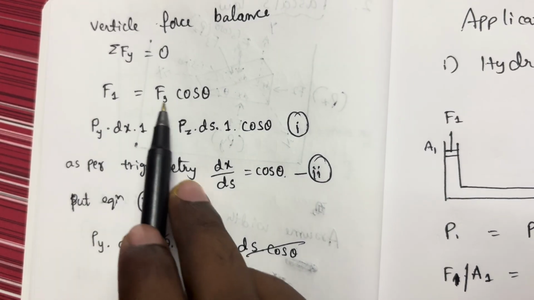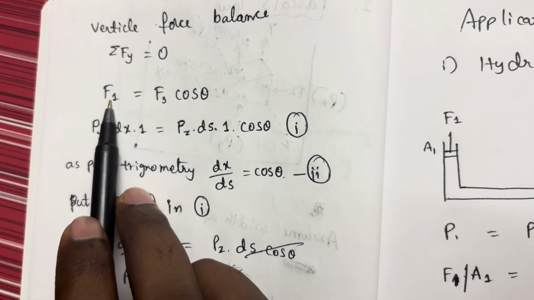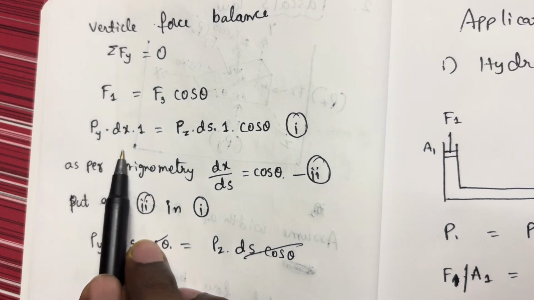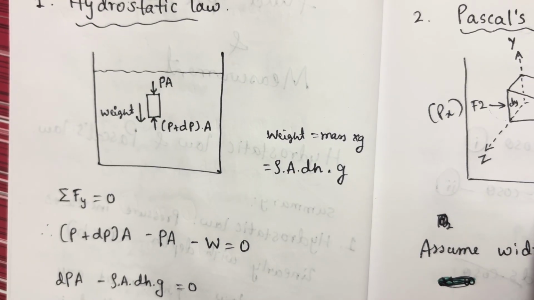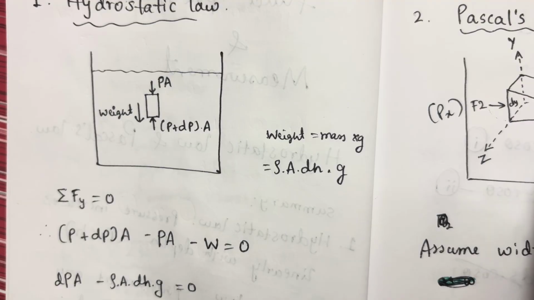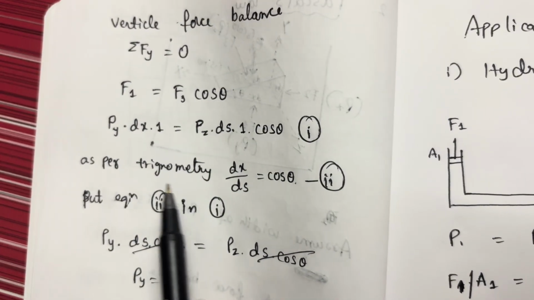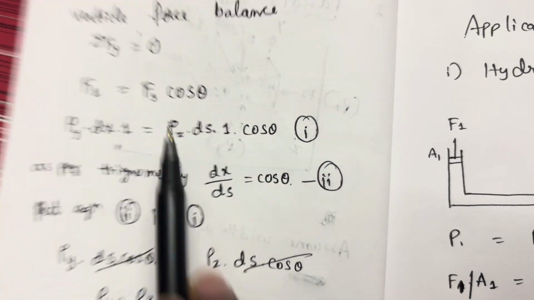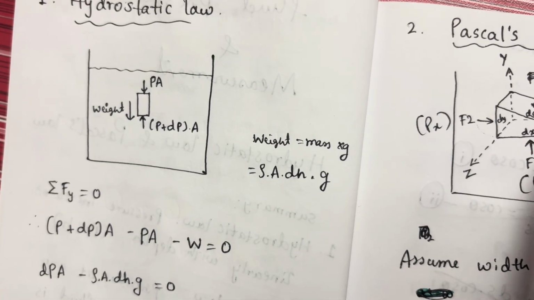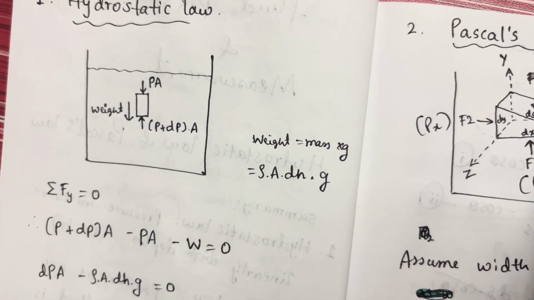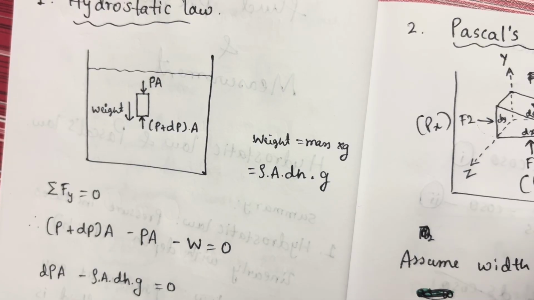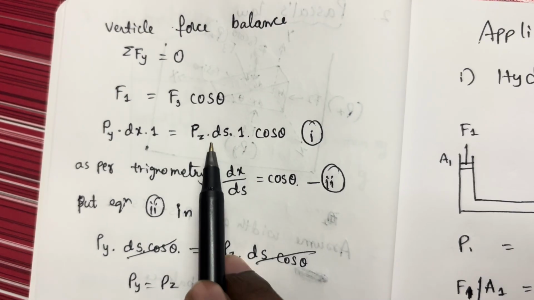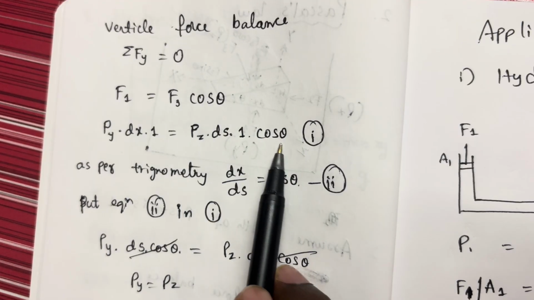So F1 equals F3 cos theta. Force is pressure times area. So F1 is Py times this area, which is dx times 1. So Py times dx times 1 equals F3, which is Pz times its area, ds times 1, so Pz times ds times 1 times cos theta.